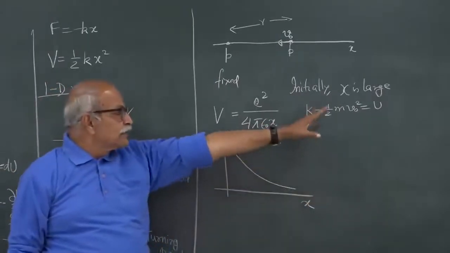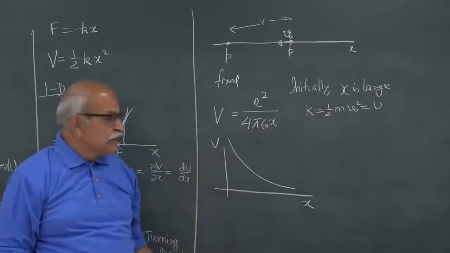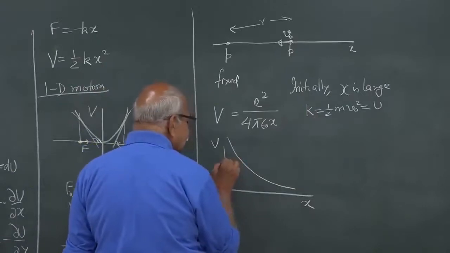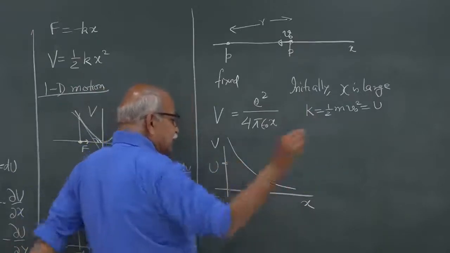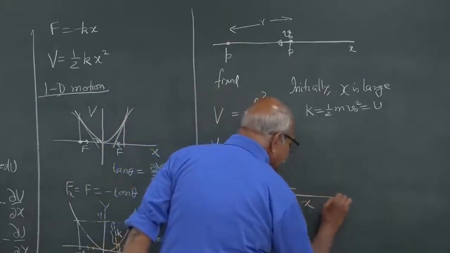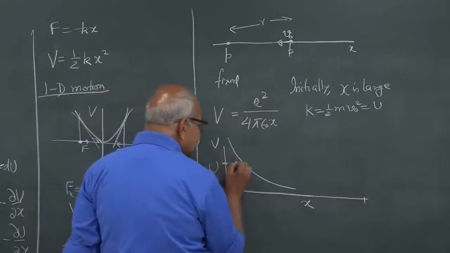So, this is the total energy, suppose it is known, and let us say this is that total energy. Initially x is very large, that means the particle is somewhere here at a large x.